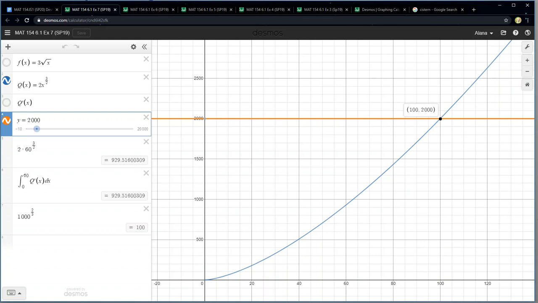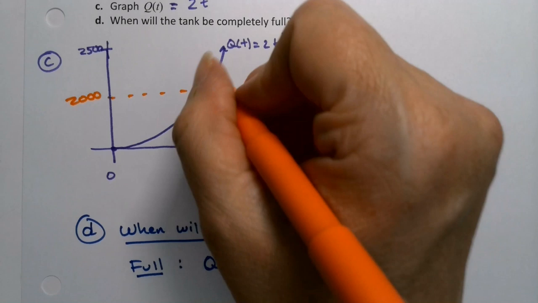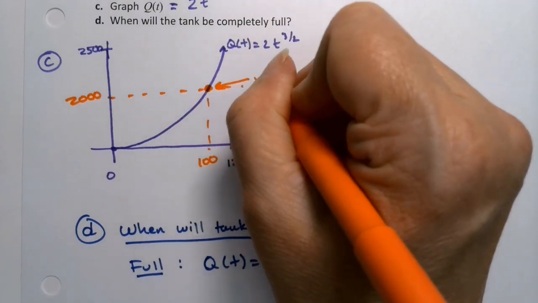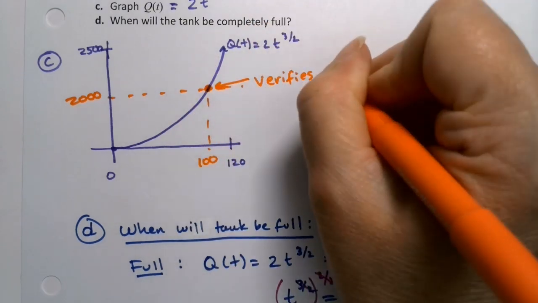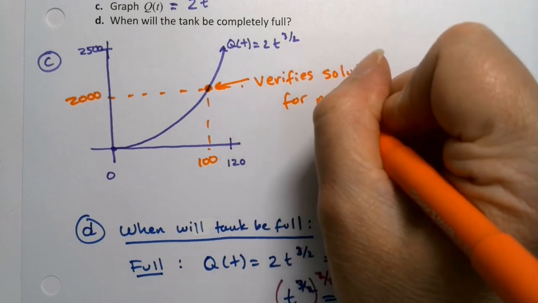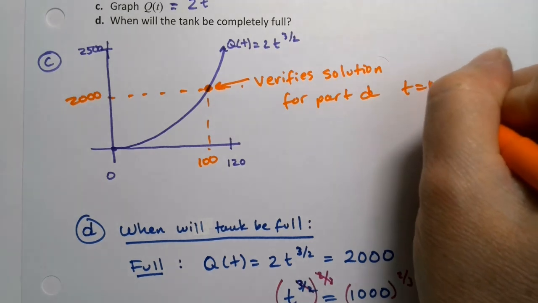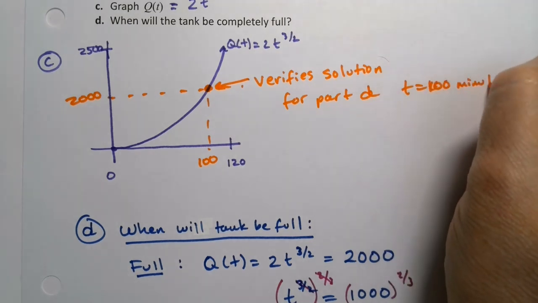All right, so I can make a little note right here. You can tell that my graph is really not to scale, but I can notice that I've verified. And there we go.